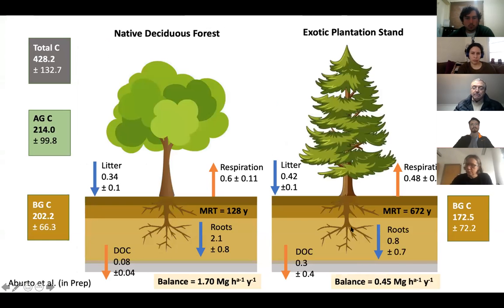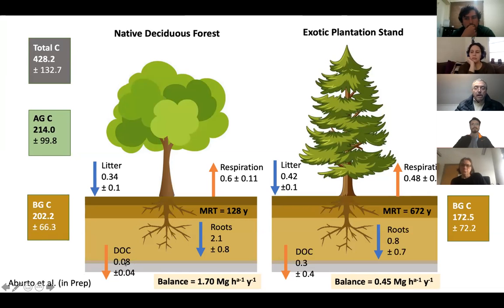So this picture is just a cartoon showing the total pools of carbon. Here we can see that the native deciduous forest has much higher carbon than the plantations. And we also see that this is mostly explained by the difference in above ground biomass.